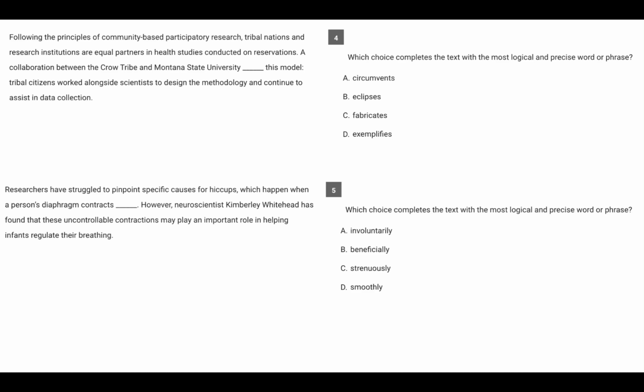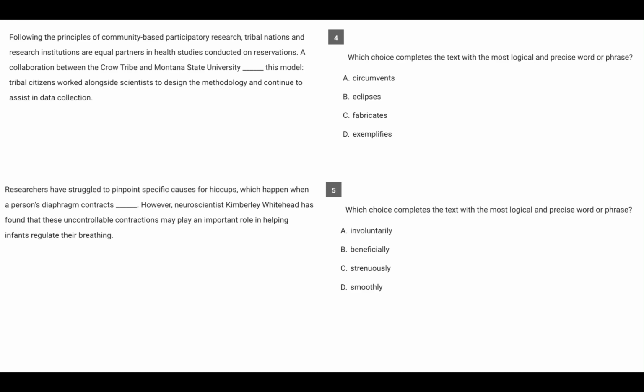You see, the passage itself has the answer to the question. Contractions are what? Contractions are uncontrollable. So we need to look for a word which has a similar meaning to uncontrollable. And that is involuntarily. When you do something involuntarily, you don't do it by your own will. And that matches uncontrollable. So the correct answer is A.